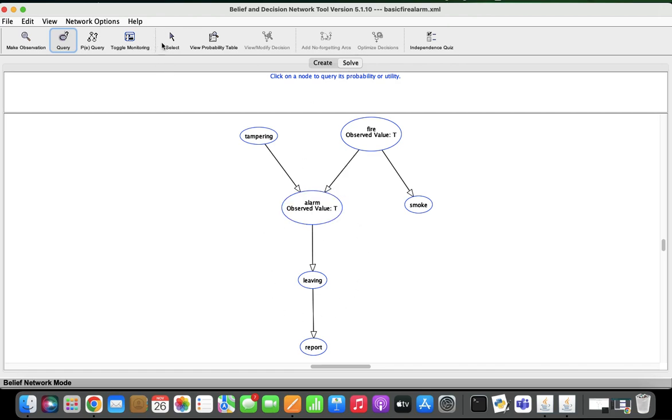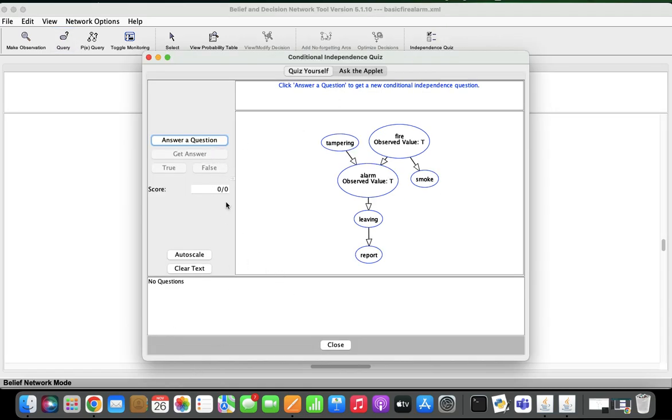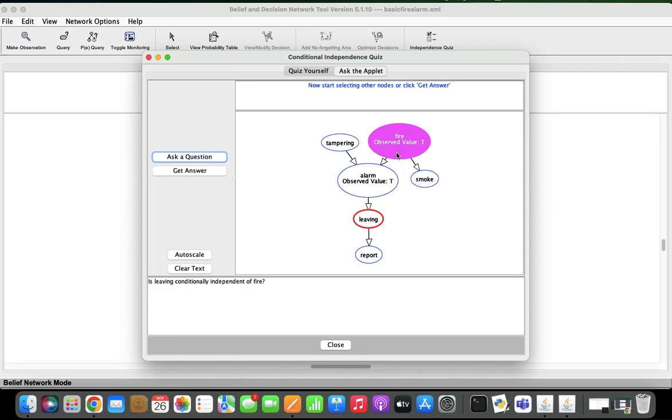We're going to the independence quiz, there you go, and then we're going to ask the applet, ask a question. We are going to see if leaving is conditionally independent of fire given alarm. So we get the answer, which is true.